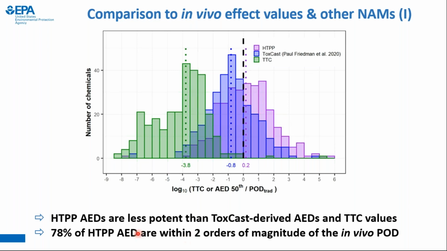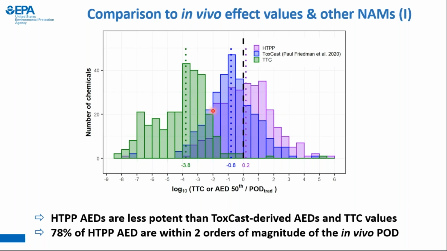Overall, for 80% of the chemicals, the HTPP dose is within 2 orders of magnitude of the in vivo point of departure. I think that is actually quite amazing that we have a simple cellular system using just one cell type, and we apply these different labels, and we do a pretty good job at predicting which potency we could observe in vivo.